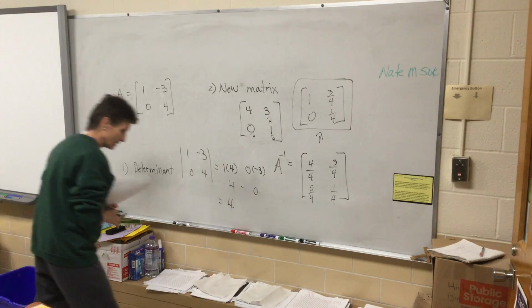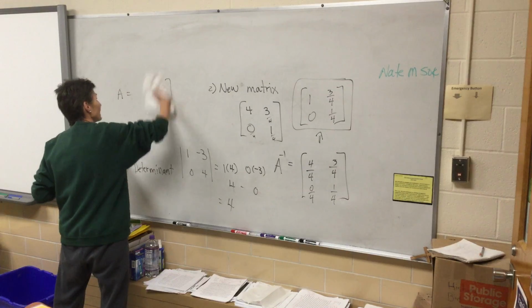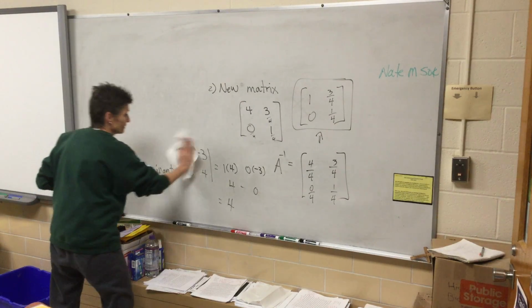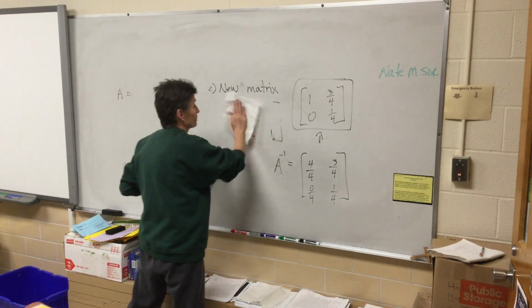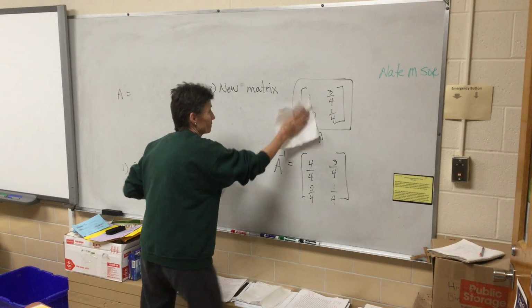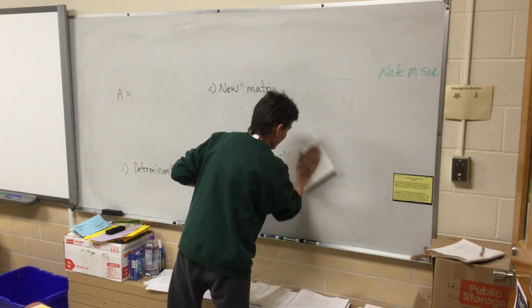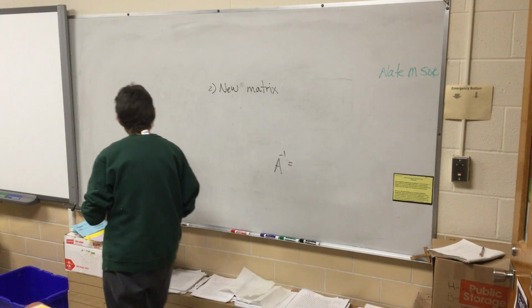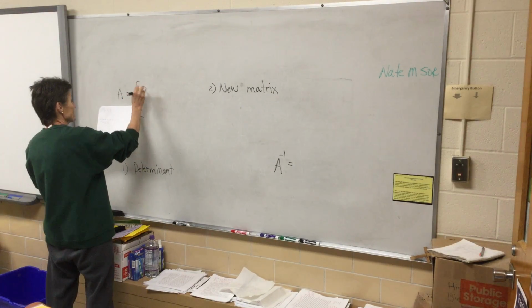All right, now we've got the next one, same thing. We're going to do exactly the same set of steps. All right, so I know the first thing I need to do is find the determinant. Would you all find the determinant of problem C for me?